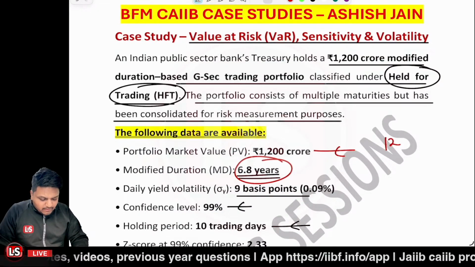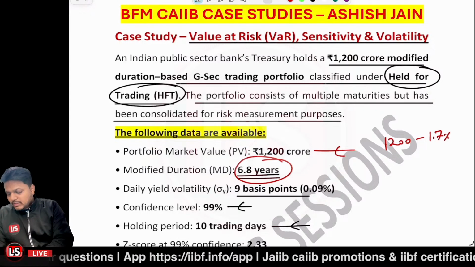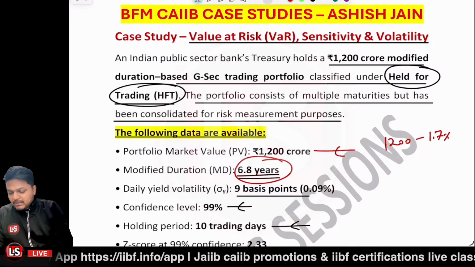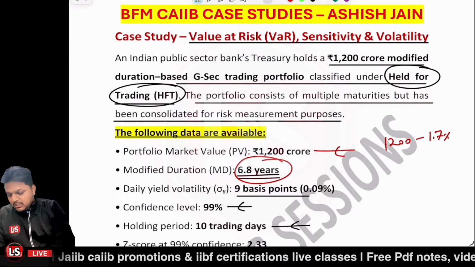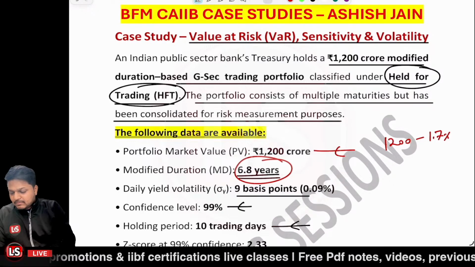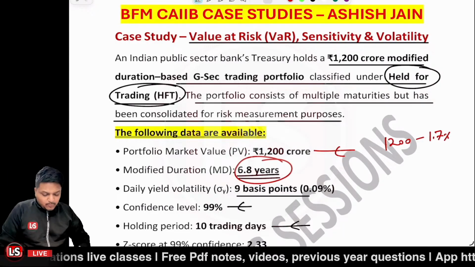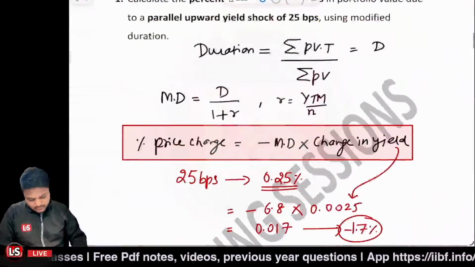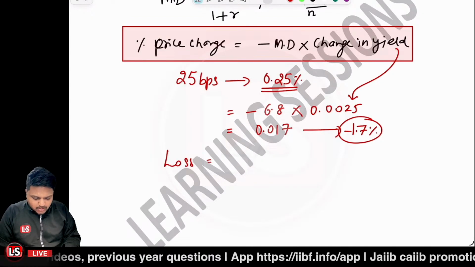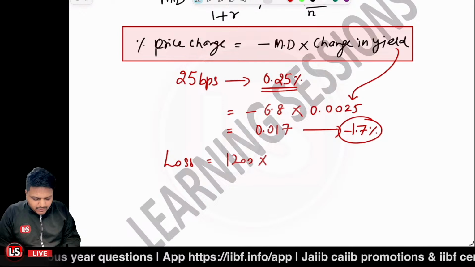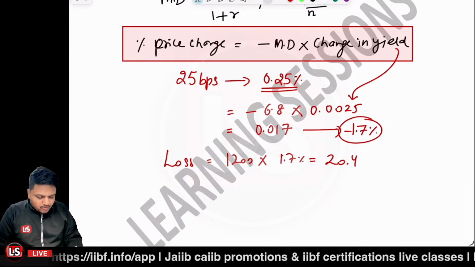So the loss would be equal to 1200 crore multiplied by 1.7%, that is 20.4 crores.